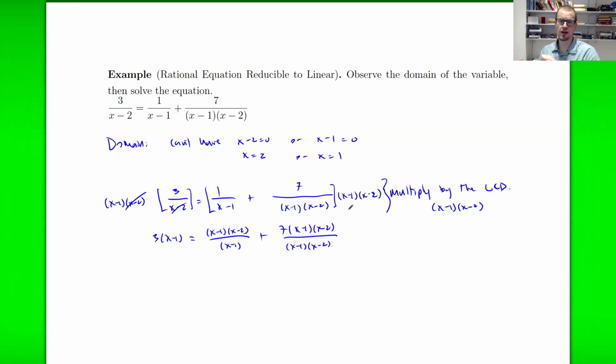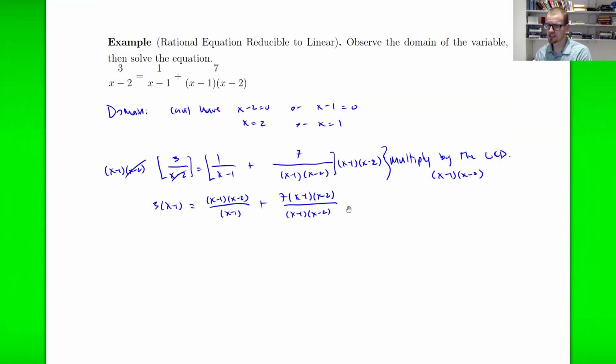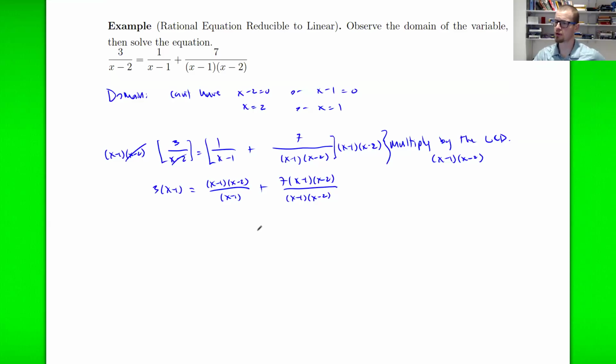Now, you don't have to show this step necessarily, depending on your comfort level with the process. But now that we've distributed, we can recognize that we do get that simplification again. X minus 1 cancels out with x minus 1, and both of the factors cancel out with both of the factors. Wonderful.